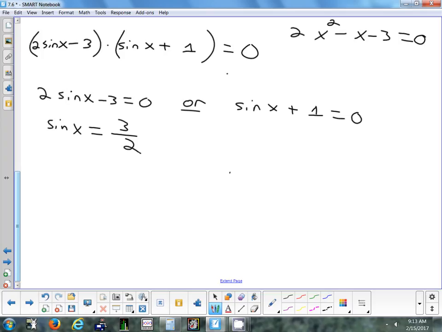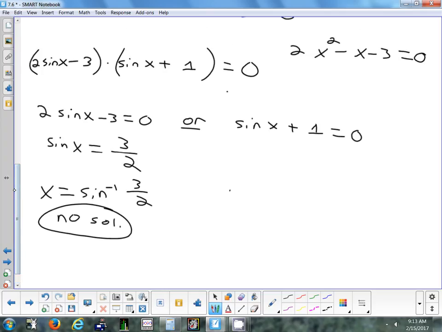What's the highest that it does reach? It only reaches 1. If you didn't notice that, you probably would have tried to take the inverse sine of each side to get rid of sine. But then when you type that in on your calculator, you're going to get no solution. There's no answer from that part. It doesn't mean there isn't an answer from another part.